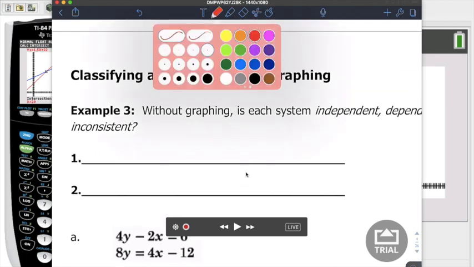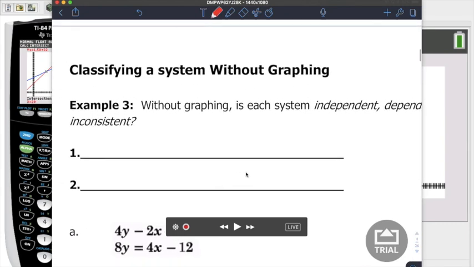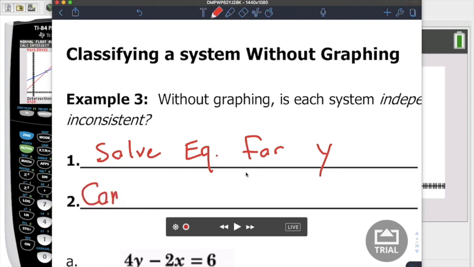Okay, so it's one of the few things you need to study for in this unit. So let's go through this here. Without graphing, how could we do that? Here are your steps. There's a couple different ways you can do this, but the way I'm going to teach you guys today is you're going to solve your equations for y. And then after you solve for y, you're going to compare the slopes, and actually not even just the slopes, but the y-intercepts.